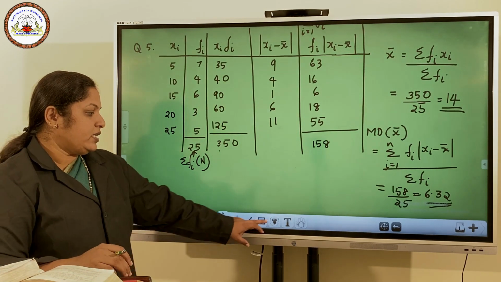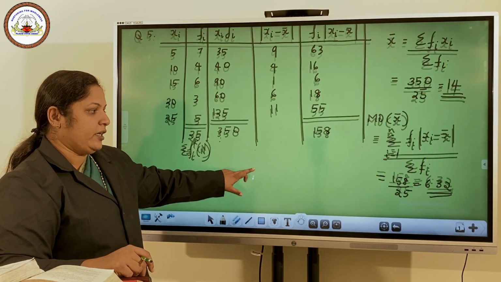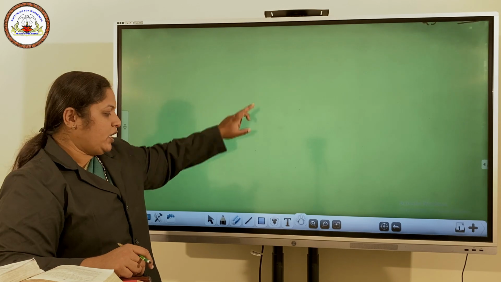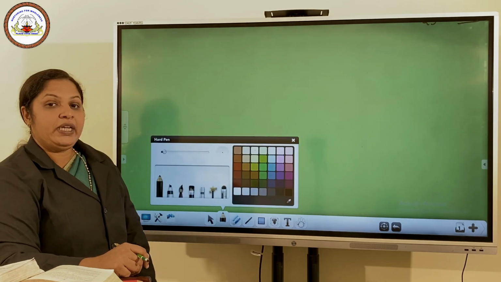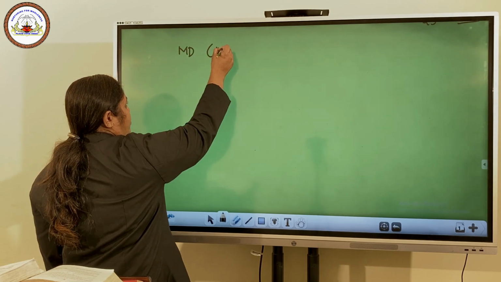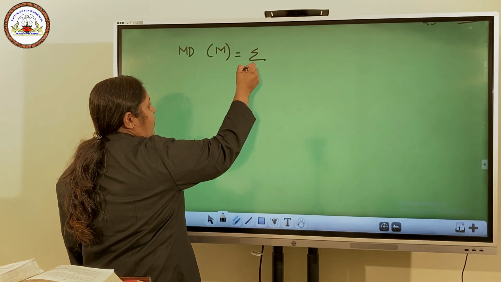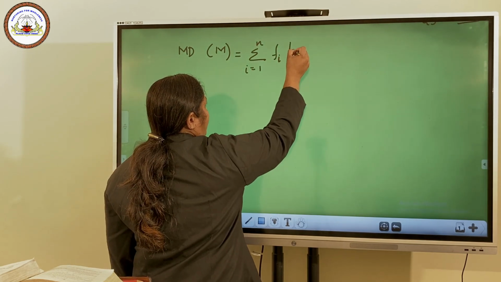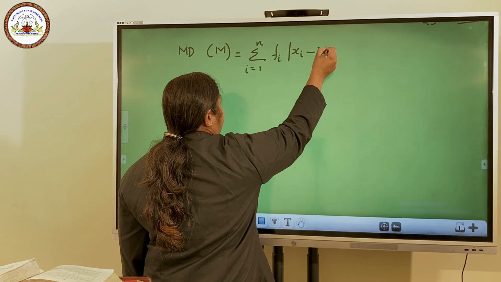Now let us discuss mean deviation about median, the same thing for discrete grouped data. To find the mean deviation about median, the only difference is that it is the sum of i from 1 to n of frequency fi into modulus of xi minus median.